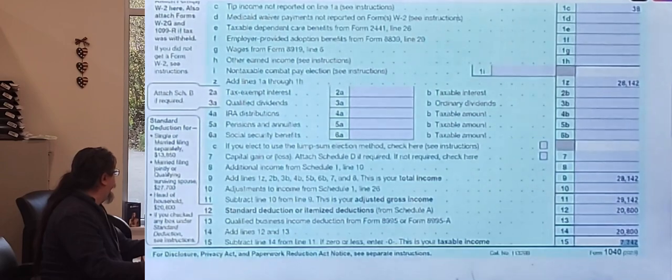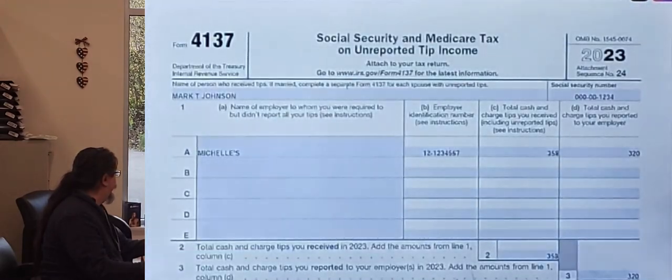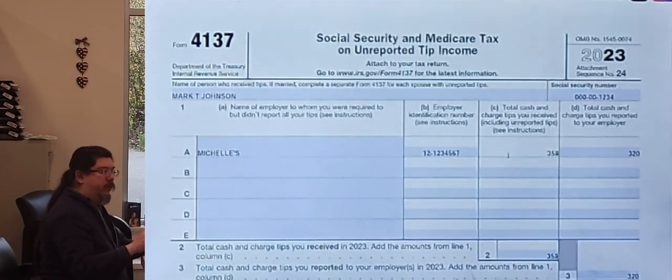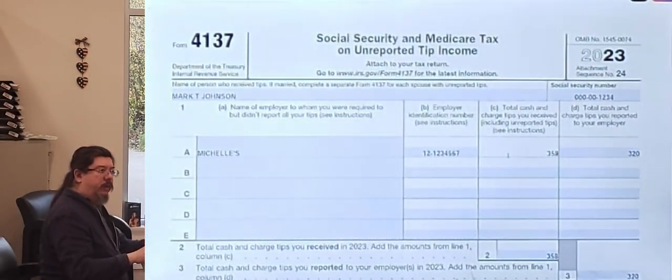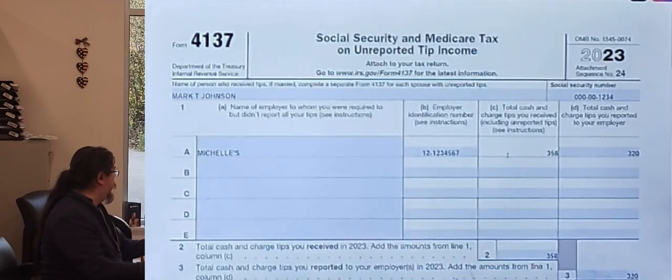For the Form 4137, this is how we fill this out. Mark Johnson, Michelle's is the name of the bar he worked at. That's their employer identification number. His total tips includes the 320 that he did report and the 38 that he did not report. So his total tips is 358.